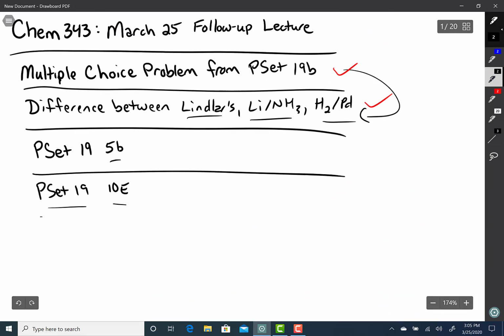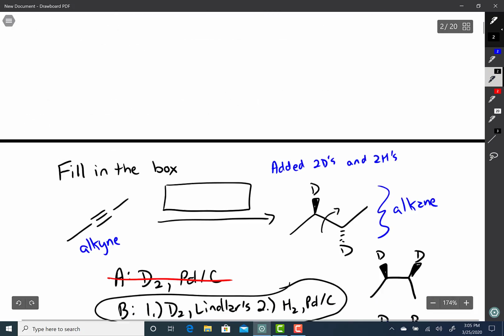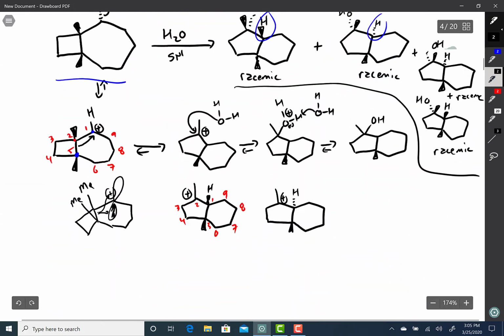Okay, problem set 19.10E. E. 10 is a synthesis problem.